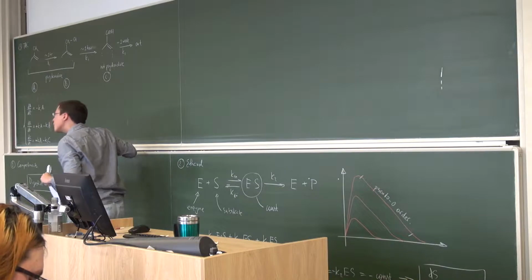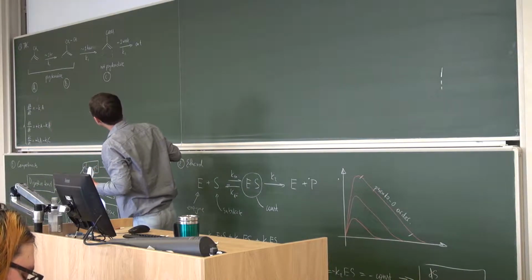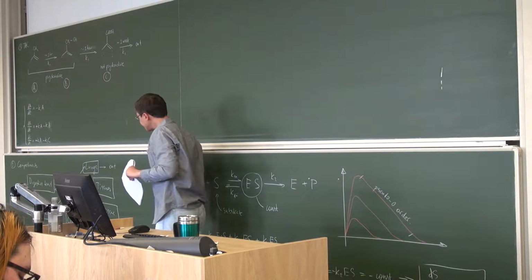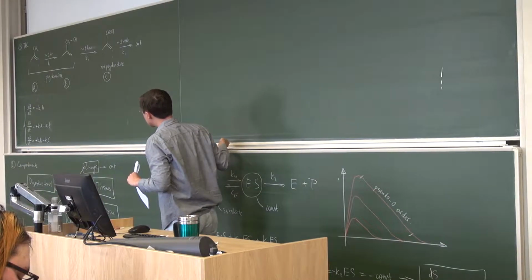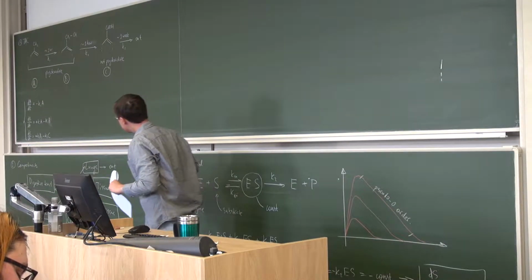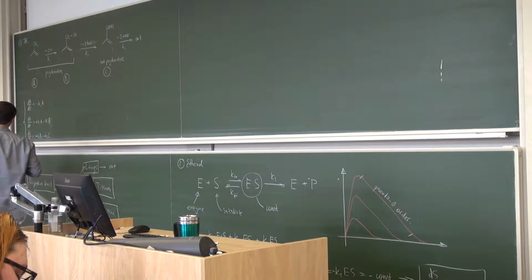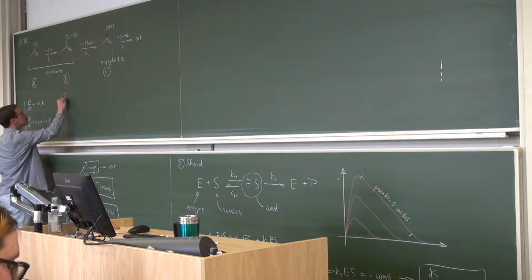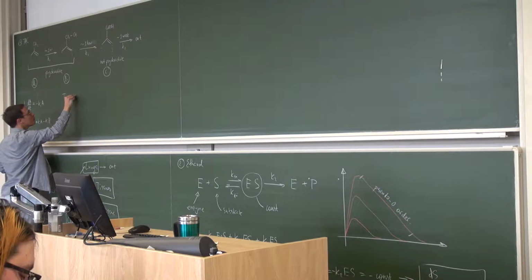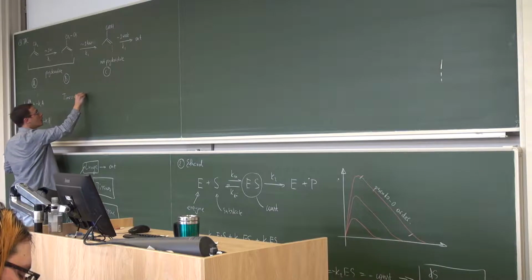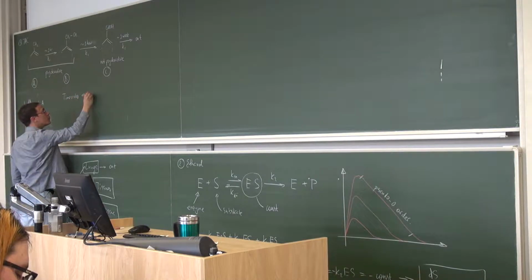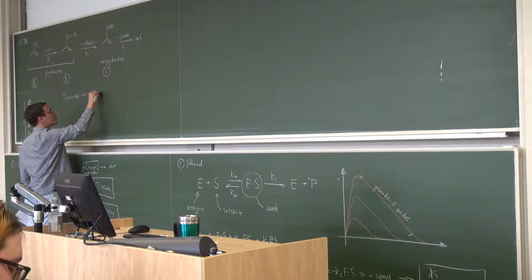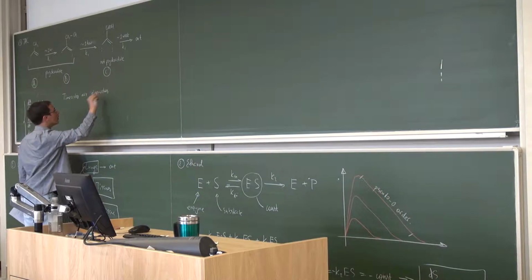I will give you a formal proof of this statement in the following lectures, but for now I can tell you that when we are asking ourselves what are the characteristic timescales in these reactions, timescales are eigenvalues of the kinetic matrix.